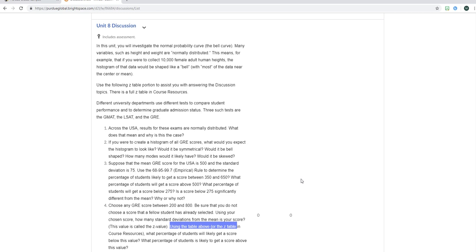And if the directions say to use the z-table, or it implies that you use the z-table and z-scores, then you need to use the z-scores and the z-table. Otherwise, your slight differences in rounding and in the two methods might cause you to miss the question just because you're not using the method that they asked for in the question. So really be on the lookout for that.